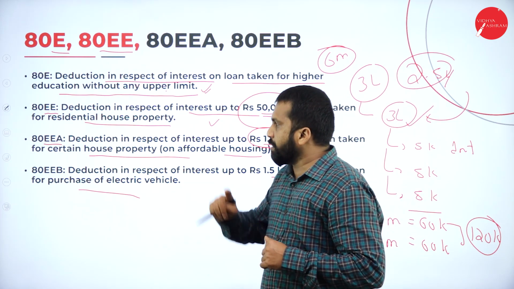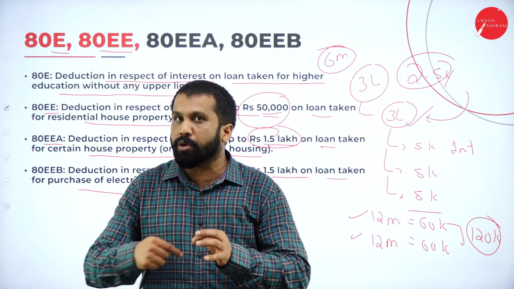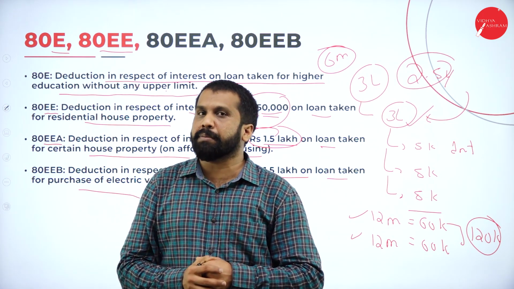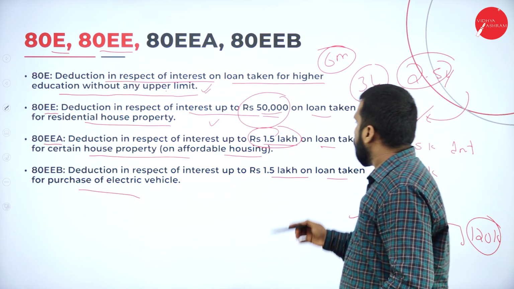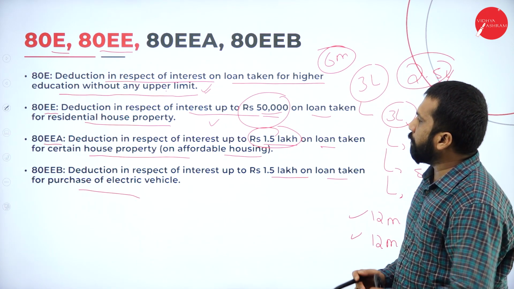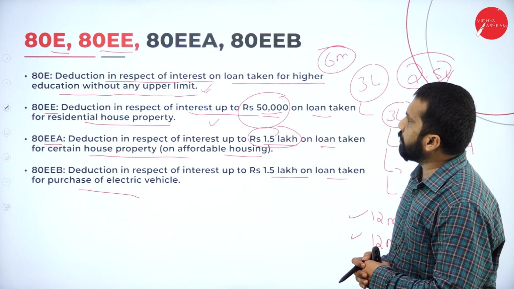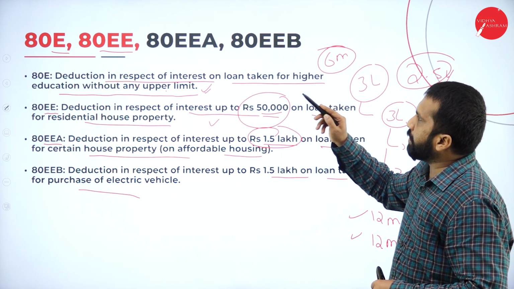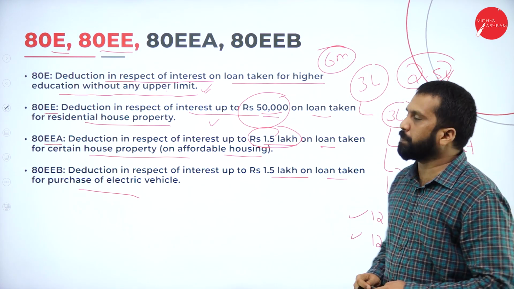But if you purchase an electric vehicle, whatever interest you pay on the loan of the electric vehicle, you can claim it as deduction. Hope you are clear. Yes. So 1,50,000 loan taken for purchase of electric vehicle. Now these come under section 80E, 80EE, 80EEA and 80EEB.